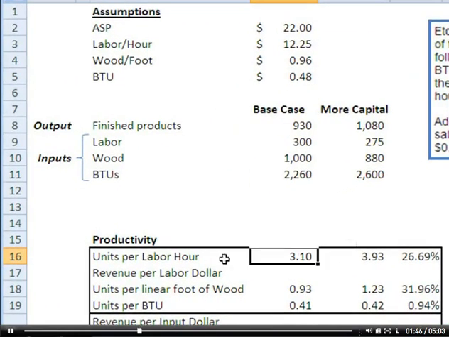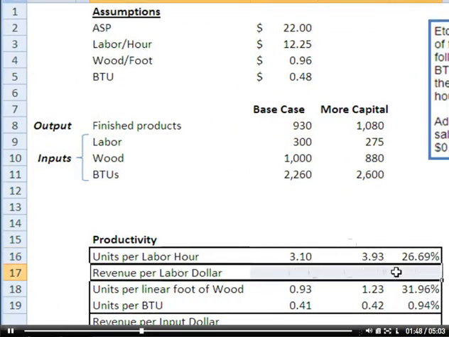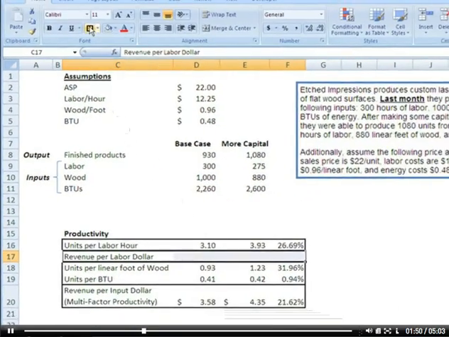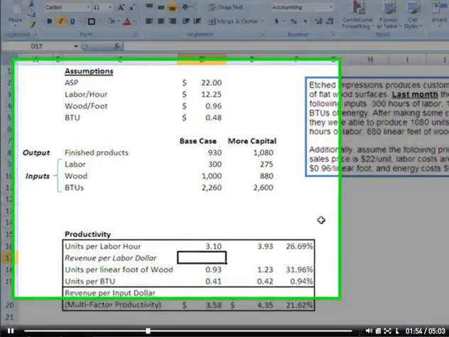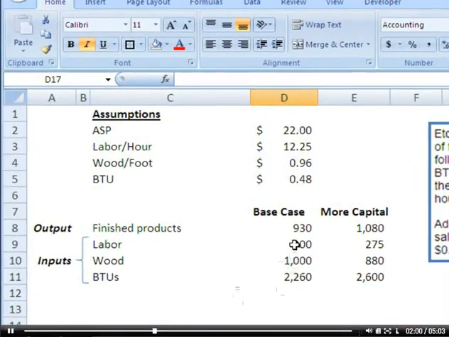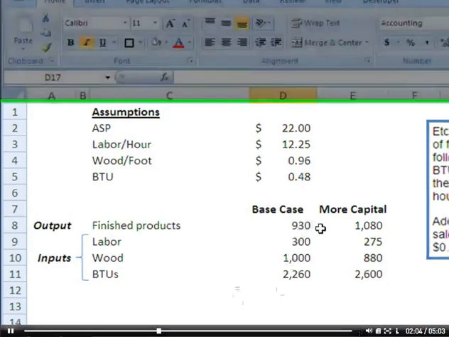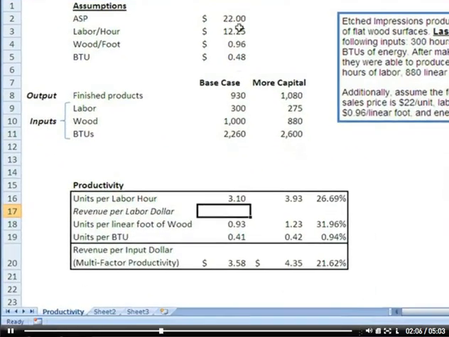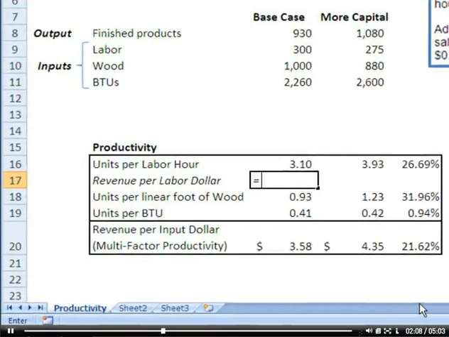Now, if we wanted to figure out what the revenue per labor hour of input is, then it gets a little more complicated. We would have our output in terms of dollars. We would need to multiply the finished product units times the average sales price in our numerator.